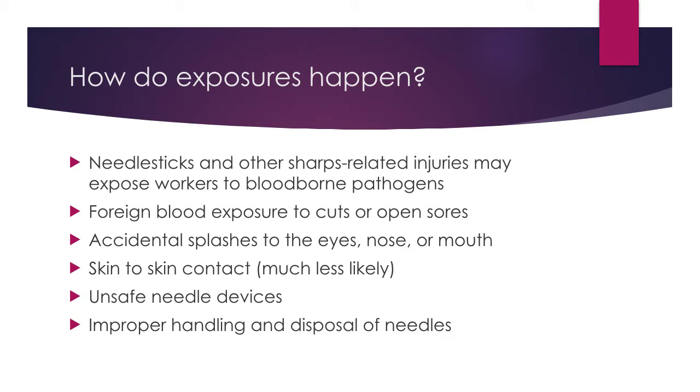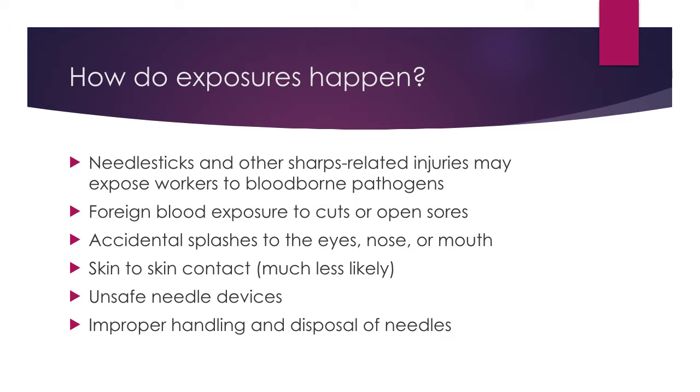So how do these exposures happen? Exposure to harmful pathogens can occur in a multitude of ways, and I'll cover the most common here today. Please understand that this is not a comprehensive list, and to always be careful when working with patients or medical devices. Needle sticks are the most common route of exposure. Needle sticks and other sharps-related injuries may expose workers to bloodborne pathogens.